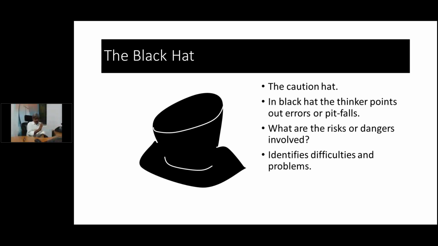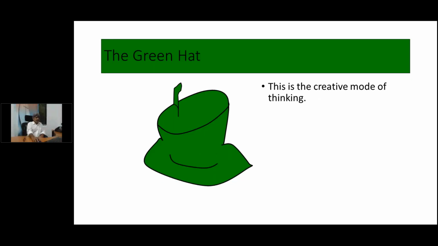So these kinds of people will give you a better idea of what the drawbacks are, what the disadvantages are, what goes wrong, so that you can have a fair idea about a particular decision, what is going to happen.